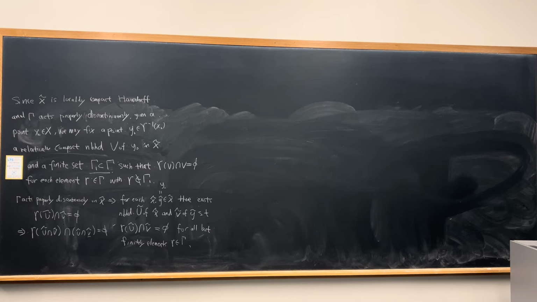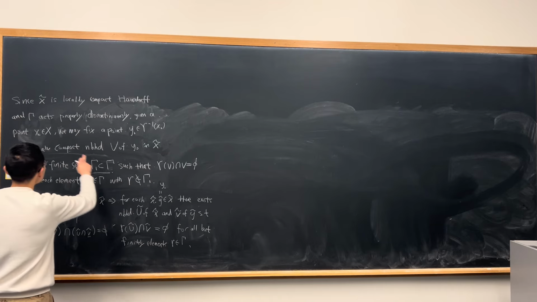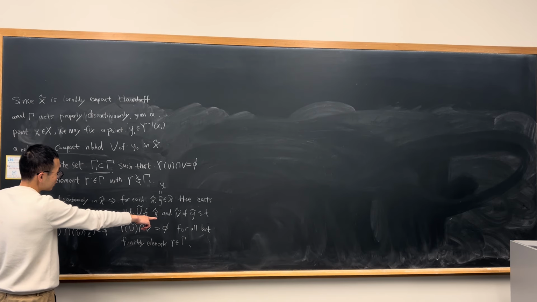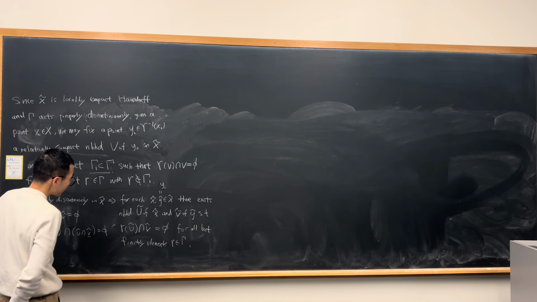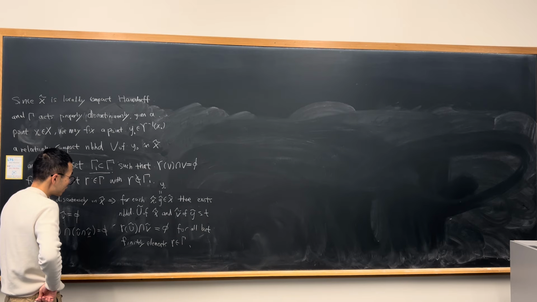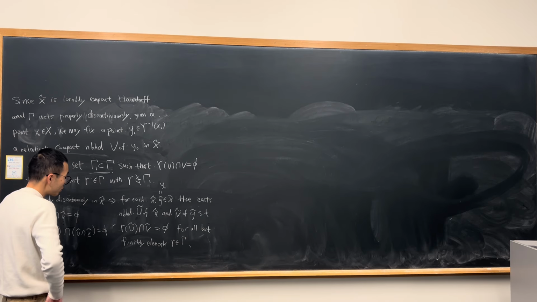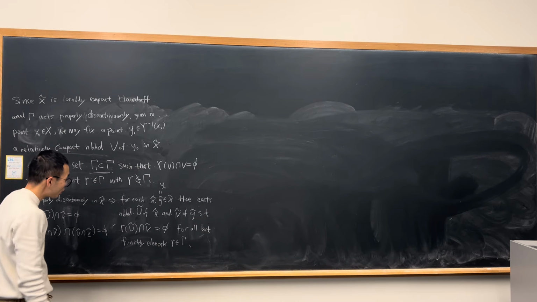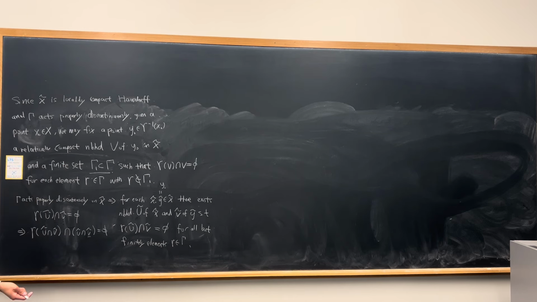I think I lied a little bit, because here x tilde is also locally compact, right? So for this neighborhood I can always choose another relatively compact neighborhood inside the intersection, and that gives you a relatively compact neighborhood.